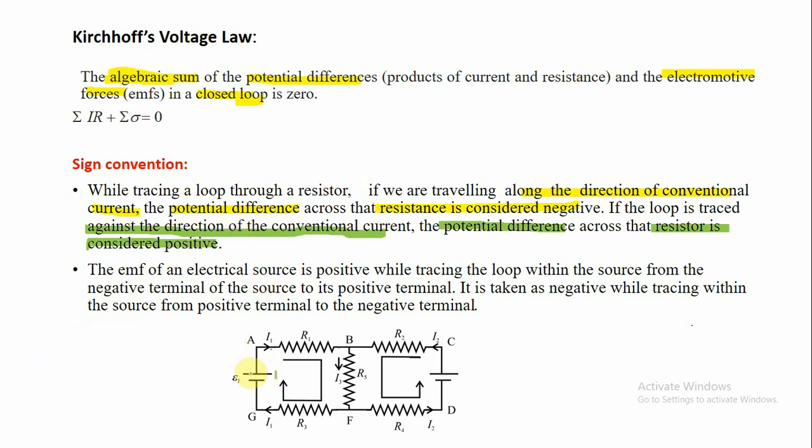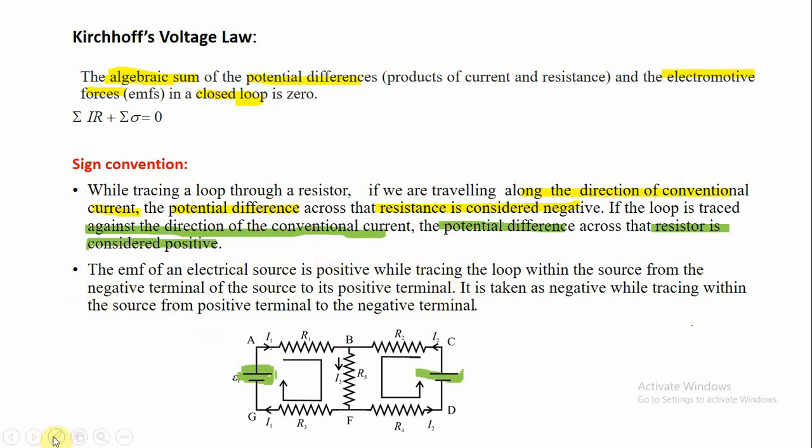This is my electrical source 1, this is my electrical source 2, there is no electrical source here. So these two are my electrical sources. It says the EMF of an electrical source is positive while tracing the loop within the source from the negative terminal to the positive terminal.